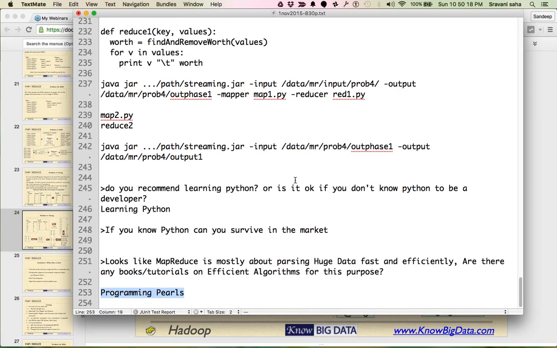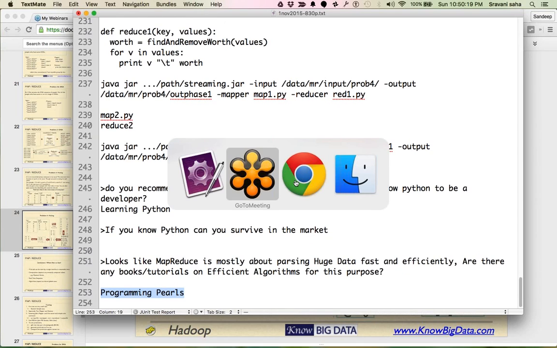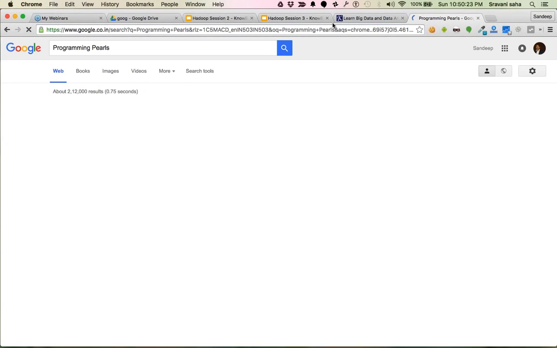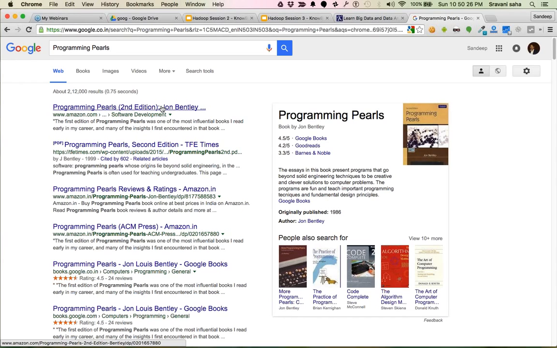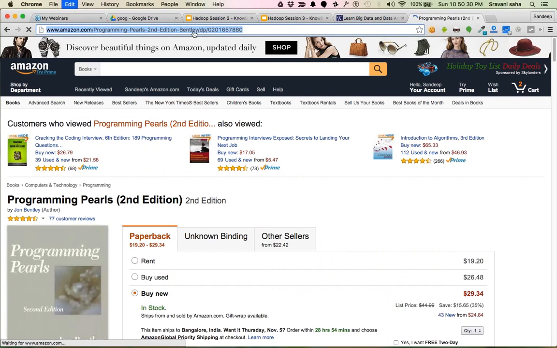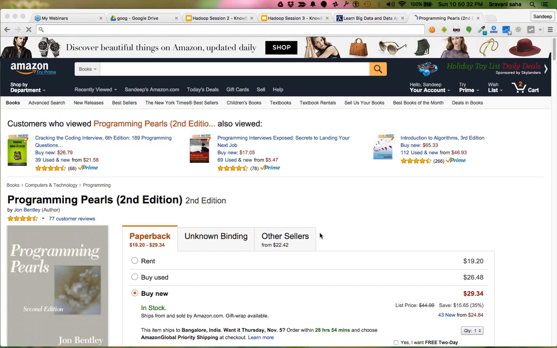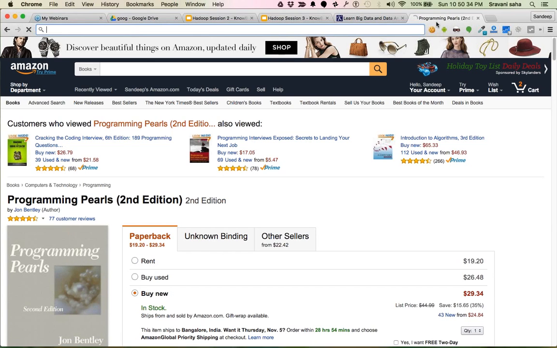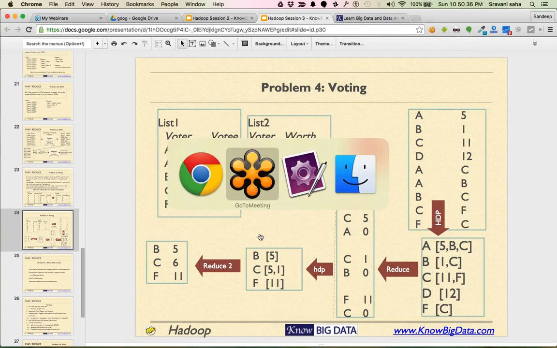If that is your passion, if you want to really excel at algorithms, this is something which I recommend. It's a very thin book, and it is really good. I'm a big fan of this book.